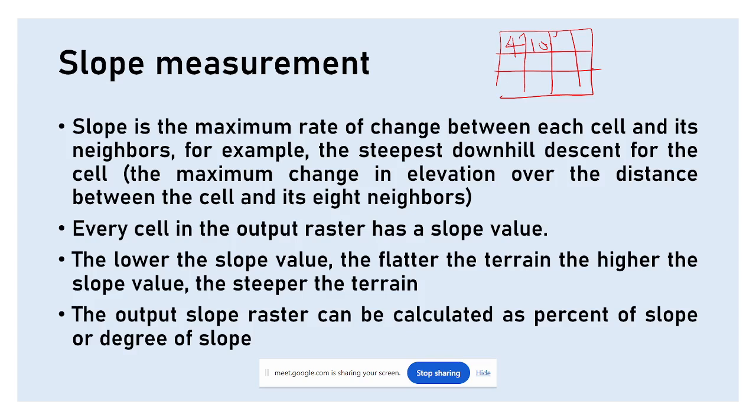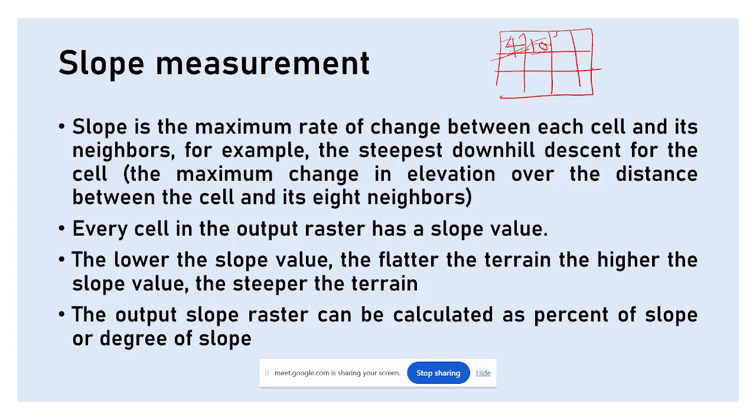Every cell in the output raster will have a slope value, and the lower the slope value, the flatter the terrain. Here I'm just randomly assigning some numbers: here I've put 4, here 10. So 4 implies that this region is flatter when compared to this region. It's not an absolute value, but more or less a relative thing. So 10 is steeper and 4 is flatter.